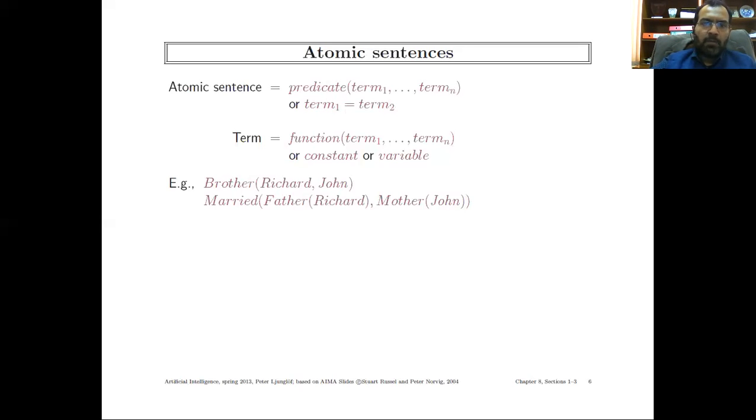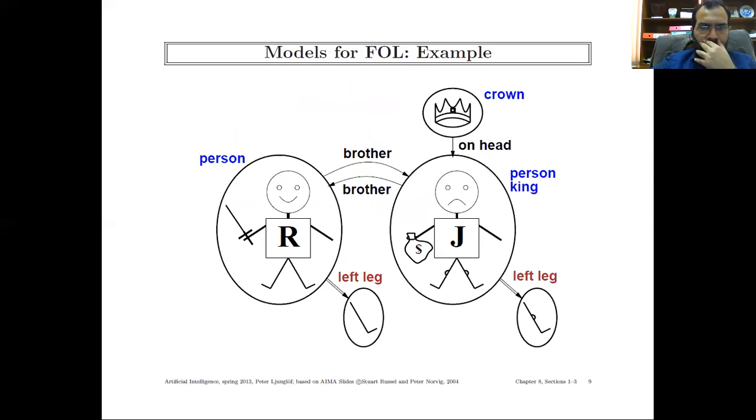And for atomic sentences, for further discussion, you can see this example as well, which is represented with a small model, with R representing Richard the Lionheart and J representing King John. So there are two objects. What is the relationship between the two objects?